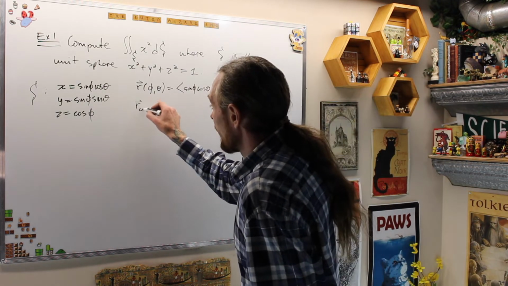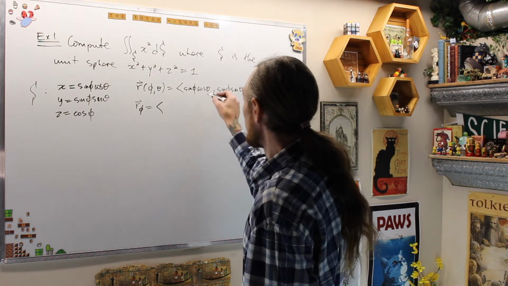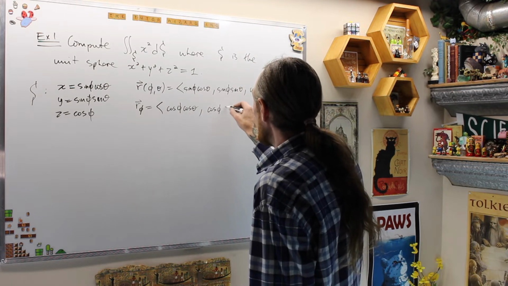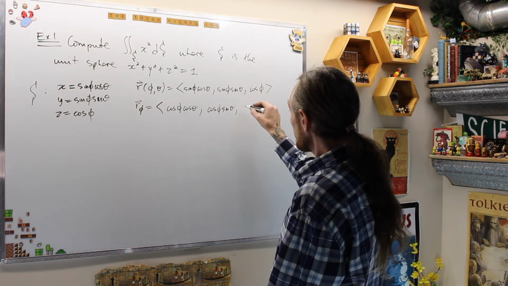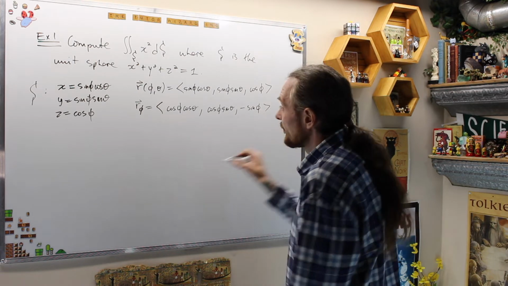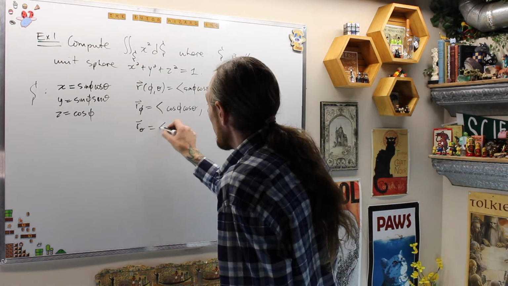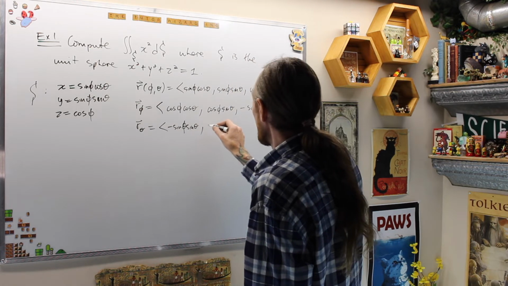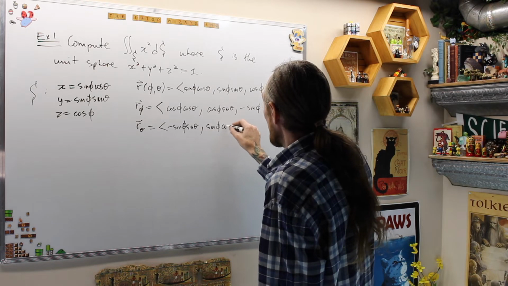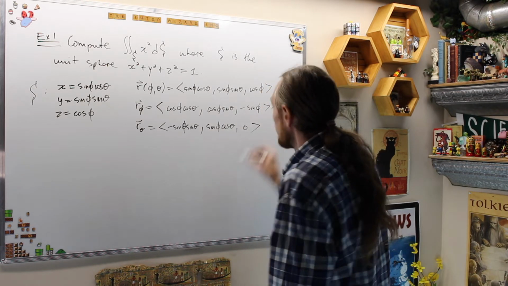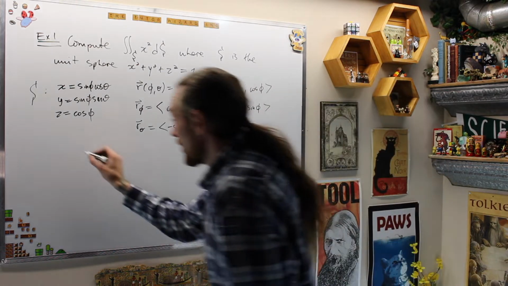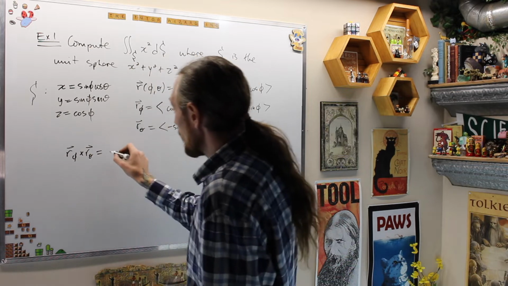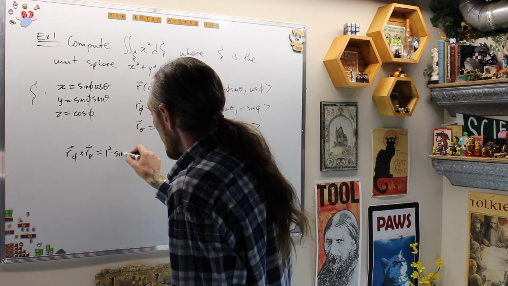That says that r phi is going to give me (cos phi cos theta, cos phi sine theta, negative sine phi), and r theta is going to give me (negative sine phi sine theta, sine phi cos theta, 0). Then I'm going to compute their cross product. It turns out that r phi cross r theta is going to equal 1 squared sine squared phi.